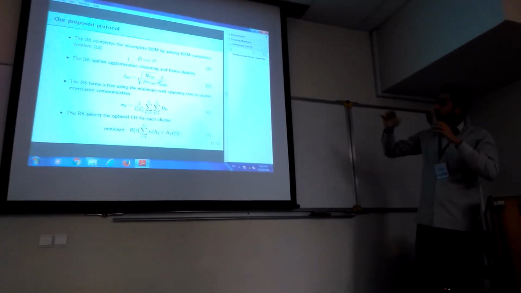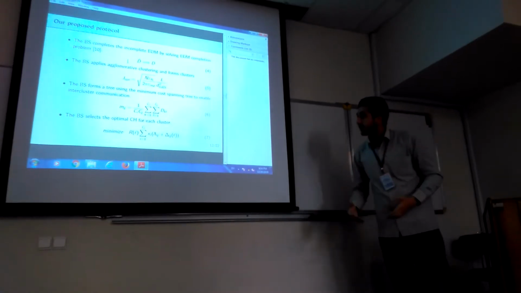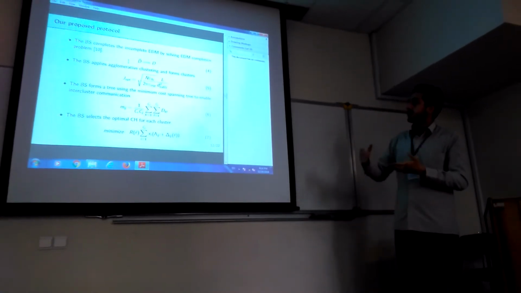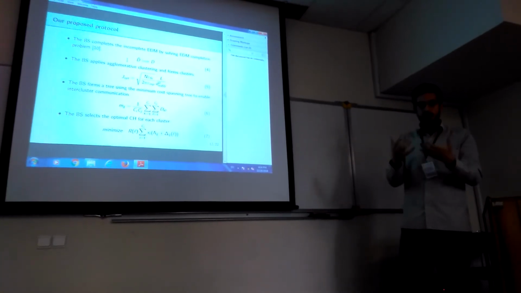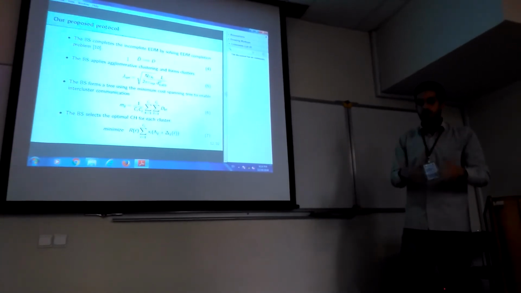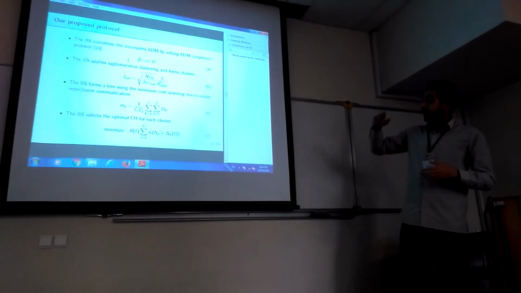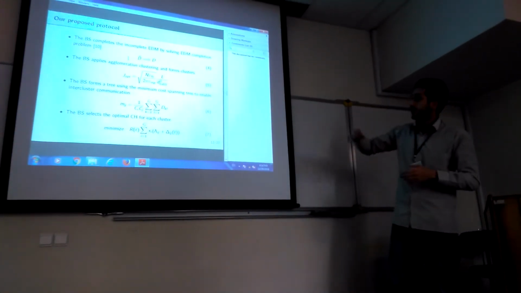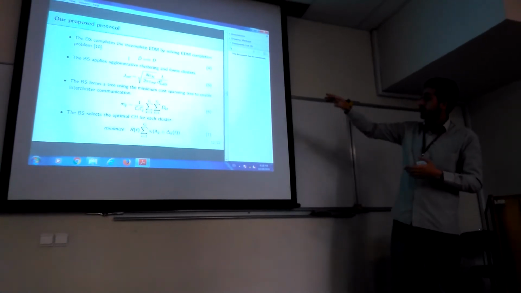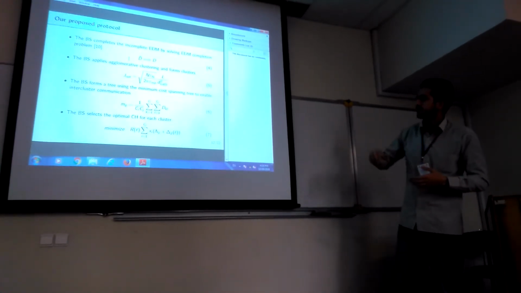Then we can execute the clustering algorithm, but we don't know how many clusters we are going to have. It's 5, 6. It is proved that the optimal number of clusters can be calculated according to equation 5.